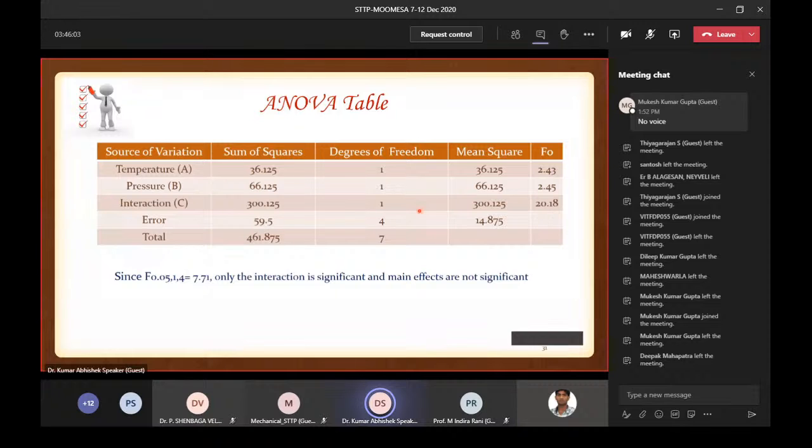Now this F value has been determined. So how can you conclude that temperature, pressure or the interaction has a significant effect?